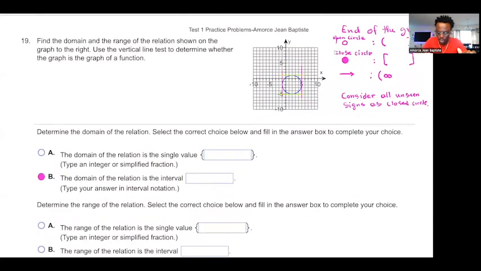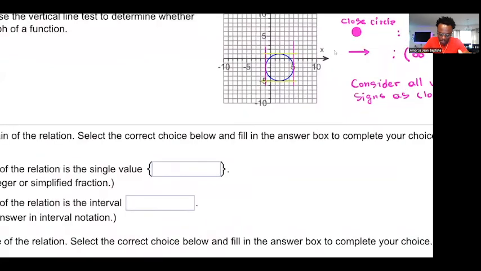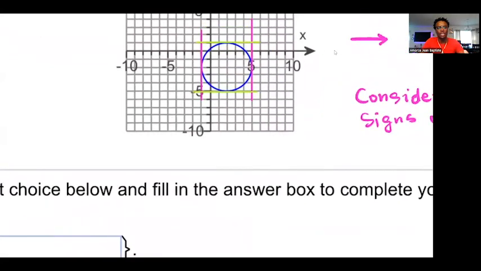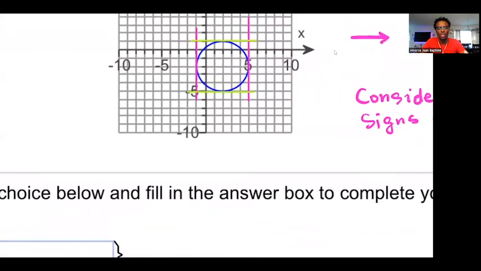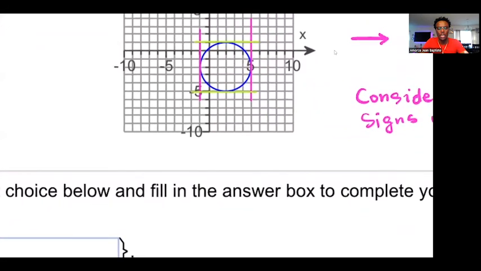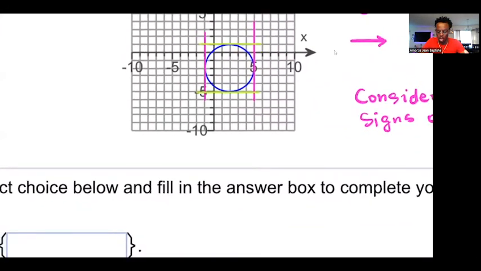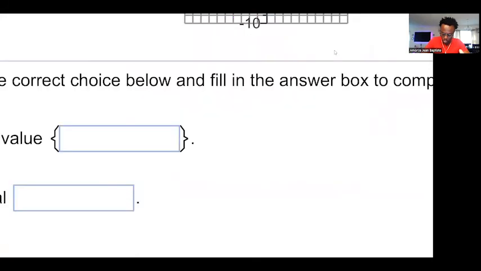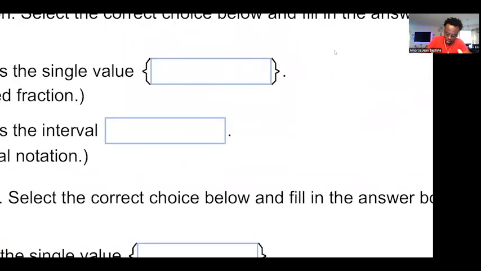Now let's give the interval notation. For the domain, how far left does this graph go? Your answer should be -1 on the x-axis. The value of x here is -1. So I'm going to start with a bracket because it's a closed circle, since I told you when it's not seen, it's a closed circle.